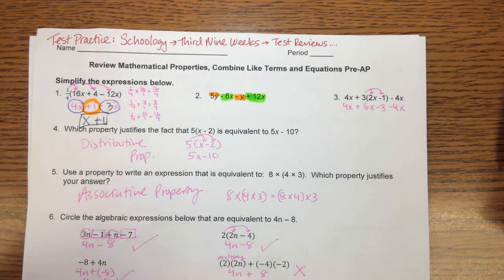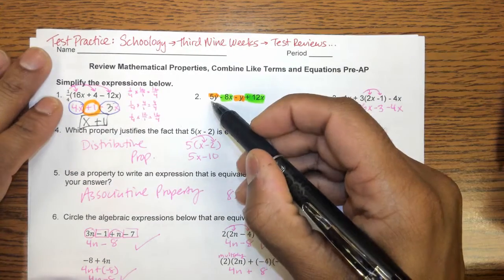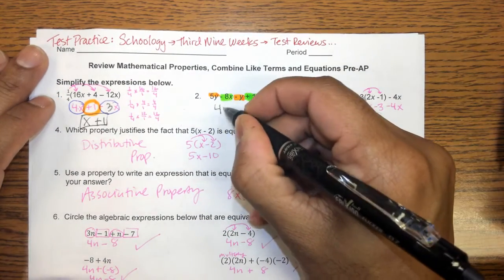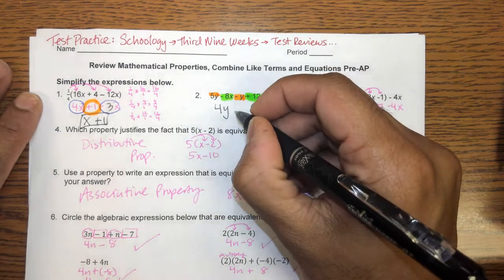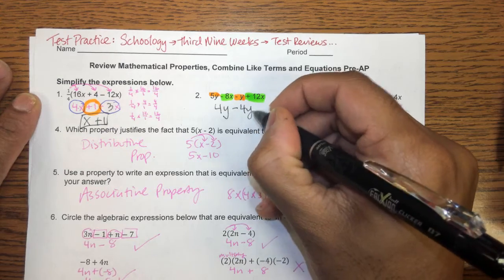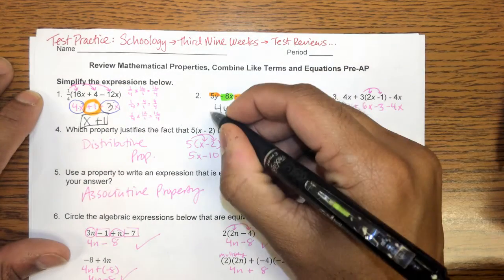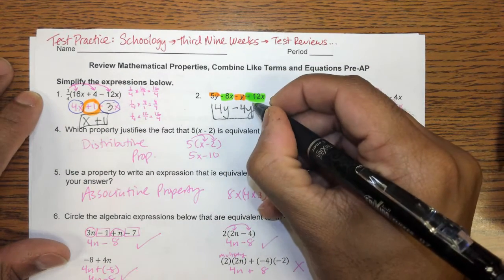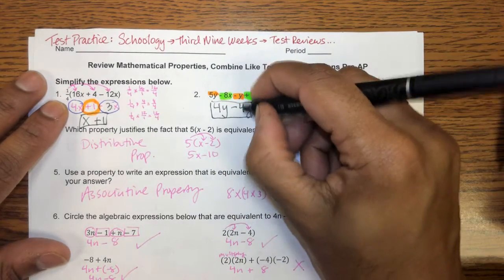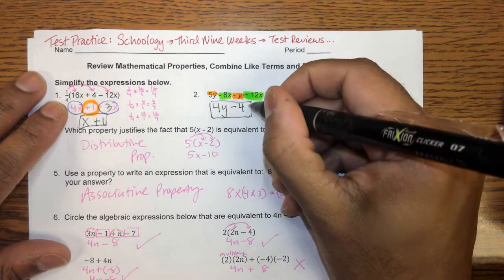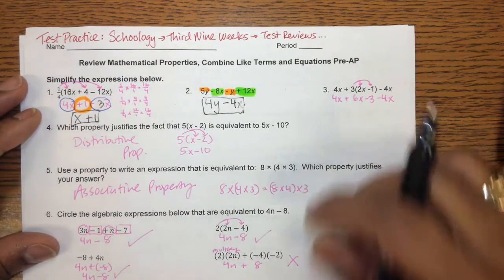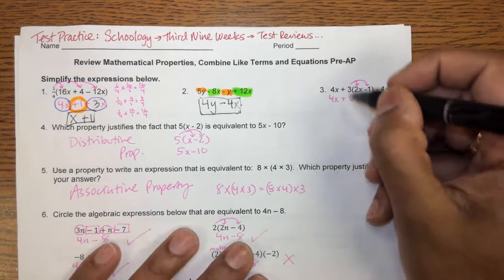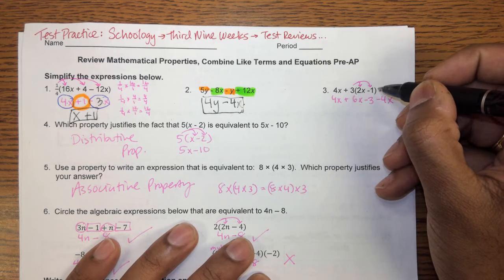So using colors, I can decide what I should combine and just add up the coefficients. 5 plus a -1 gets me 4y. -8 plus positive 12 would get me 4x. Oops, sorry, this one should be not y, x. So 4y plus 4x.